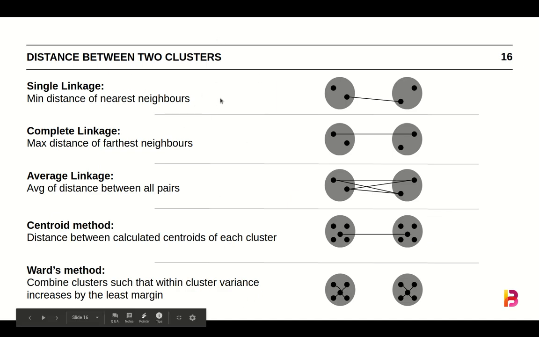Now you would never be required to do these manually. The distance between two clusters is passed as a hyperparameter to your algorithm, just as how we passed alpha and s to our support vector machines, or k, the number of k, to our k nearest neighbor algorithm. Same way we would pass the type of linkage or the type of distance measure as a hyperparameter.